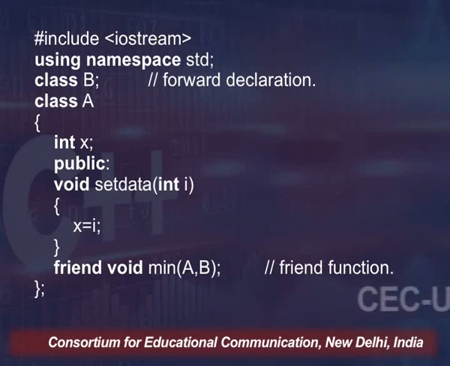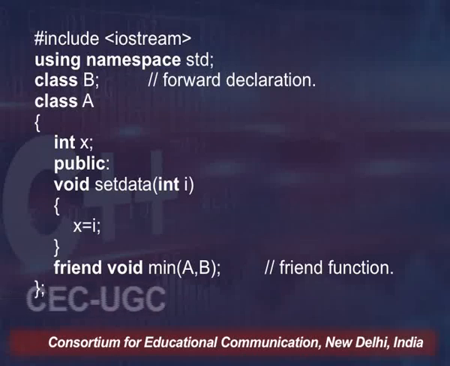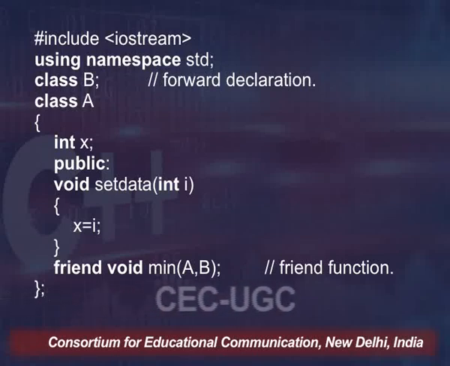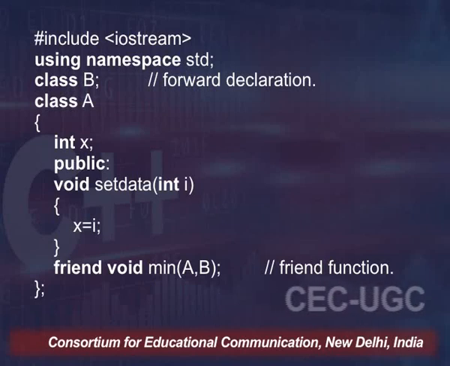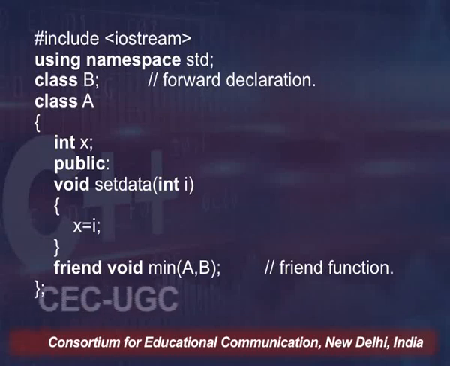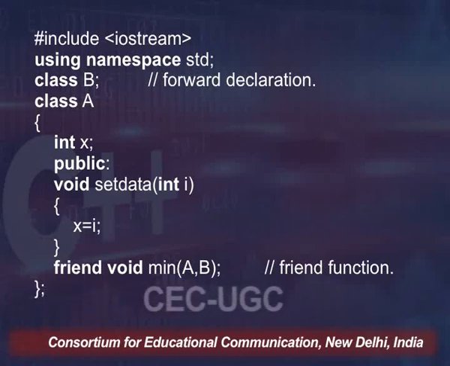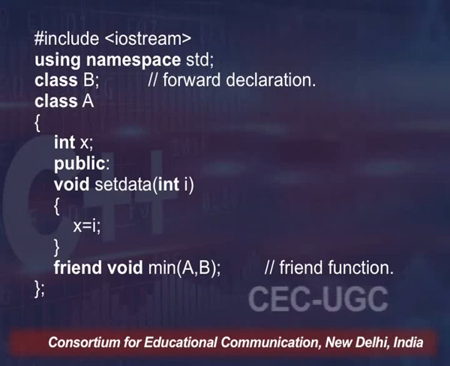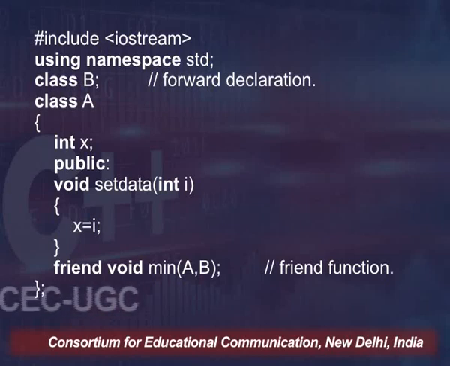Now, here one very important thing which I am going to cover is, for example, if you can ignore the above statement, which is class B, for some time. I am directly coming to class A, and then I will be explaining the relevance of that particular statement, which is class B. Now, within class A, what is happening?